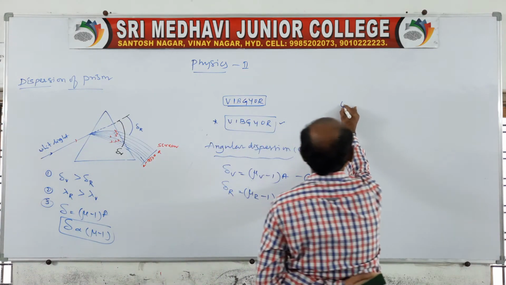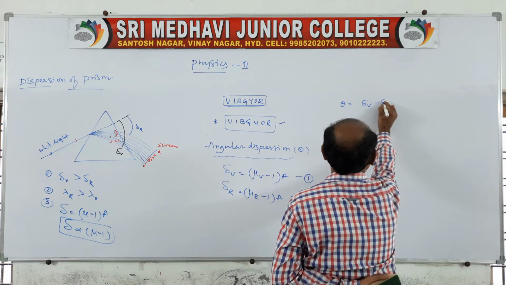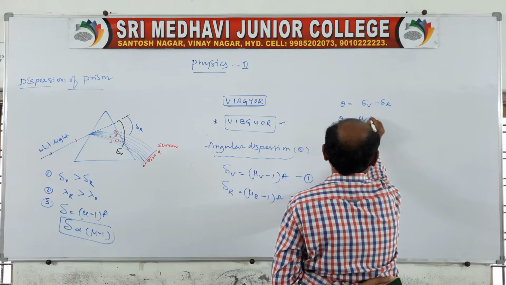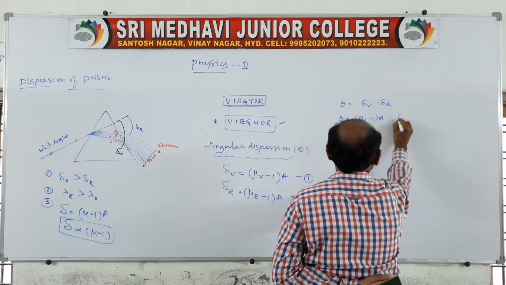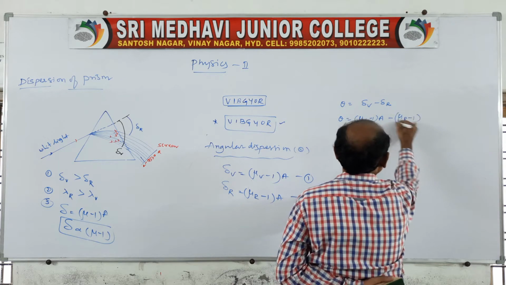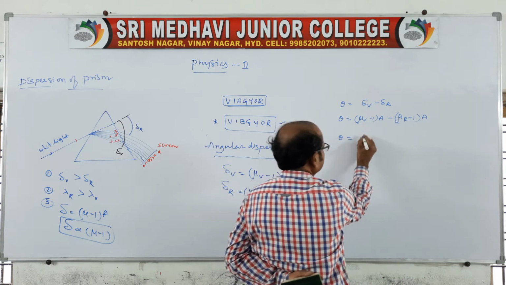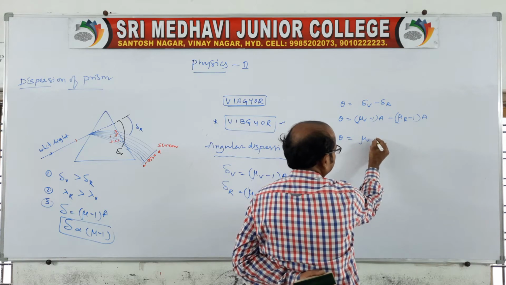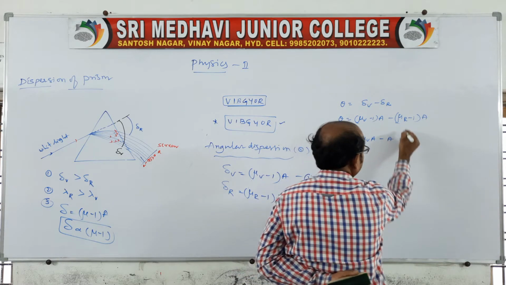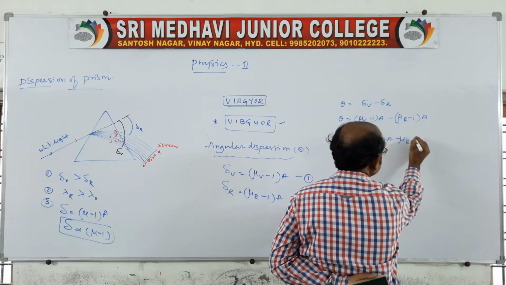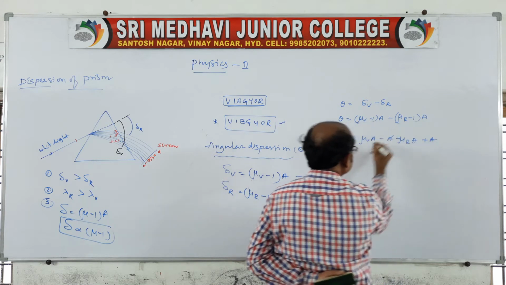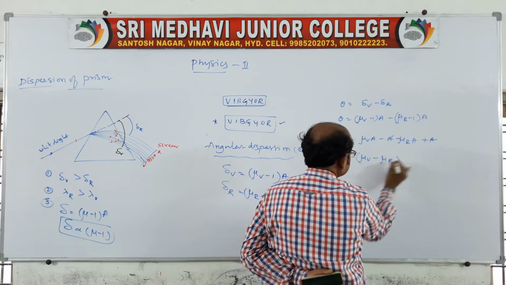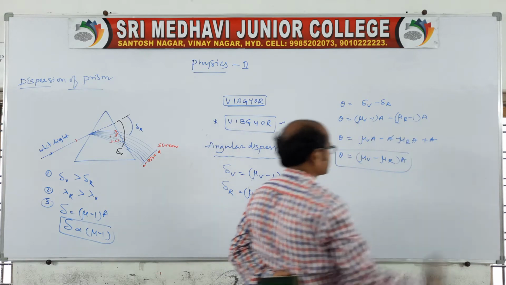So theta equals delta V minus delta R, which is (mu V minus 1) into A minus (mu R minus 1) into A. The A's and the 1's cancel, so theta equals (mu V minus mu R) into A. This is related to the angular dispersion.